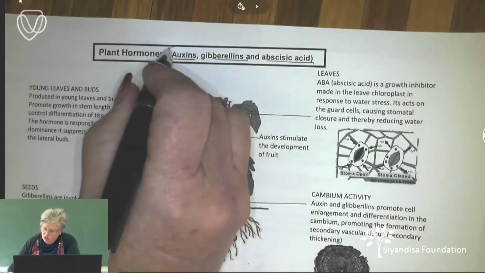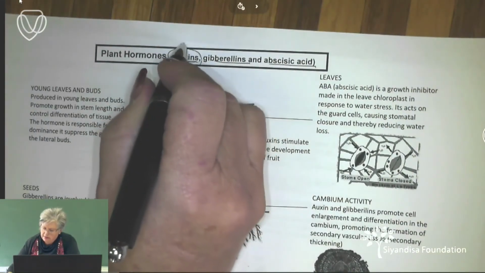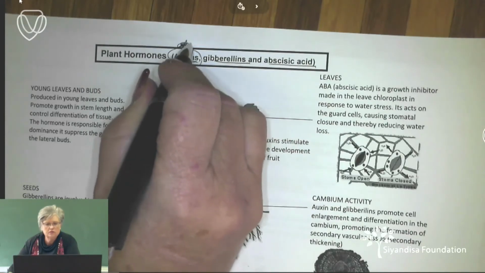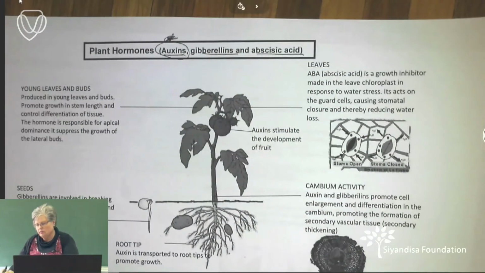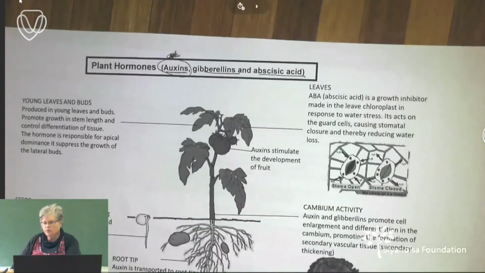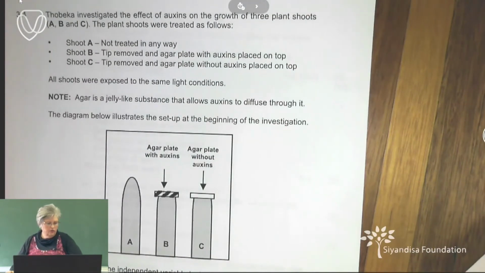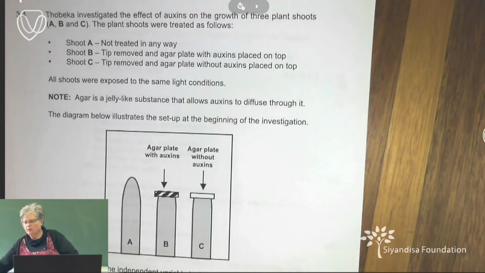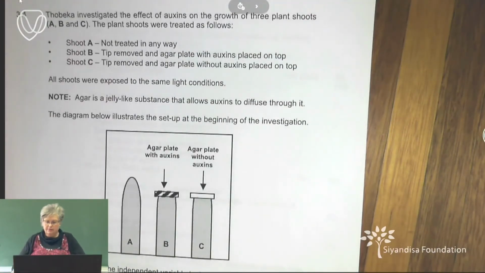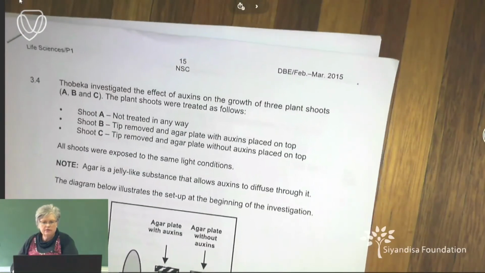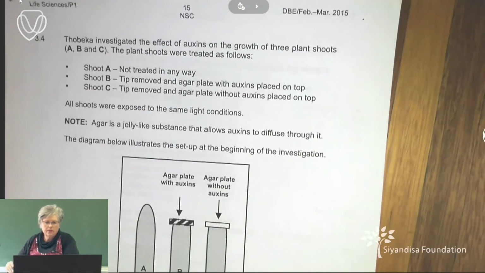Now the one that's usually in a question paper and is linked to more difficult questions is auxins. You can read that. So let's look at some questions that involve auxins in the question papers. This is February, March 2015.